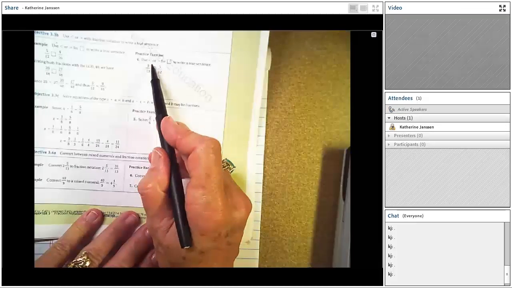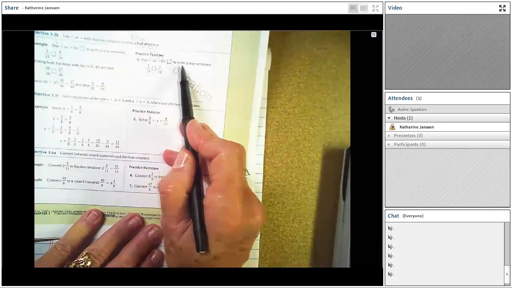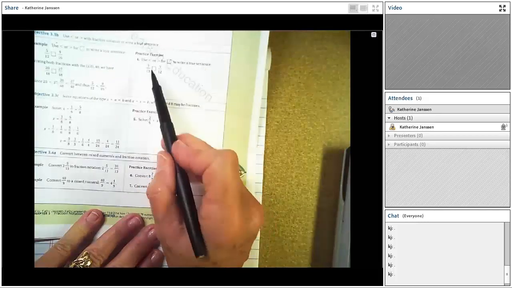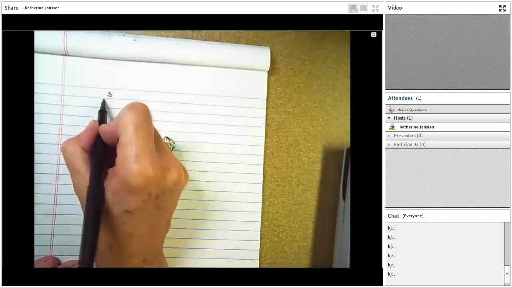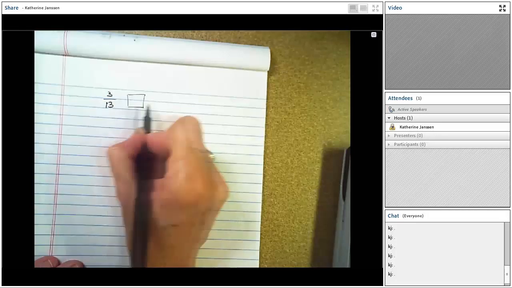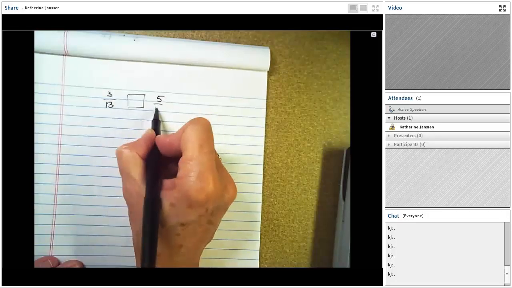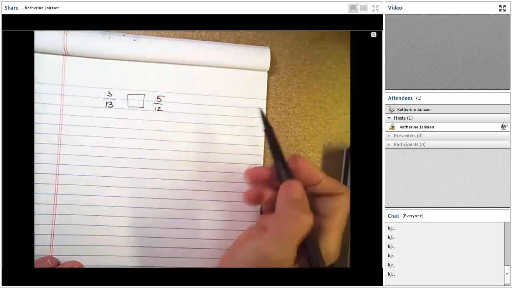Next, we're asked to use our greater than or less than symbols to fill in the text box to write a true sentence. 3/13 compares to 5/12. Well, we need to compare with common denominators.